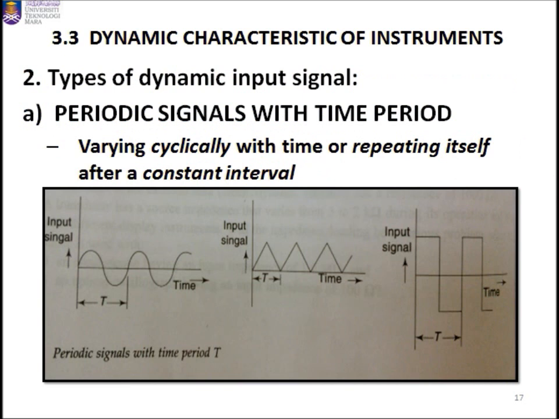Next we move to types of dynamic input signal. First, periodic signal with time period, varying cyclically with time or repeating itself over a constant interval. As we can see here, it varies cyclically with time and repeats itself after a constant interval.